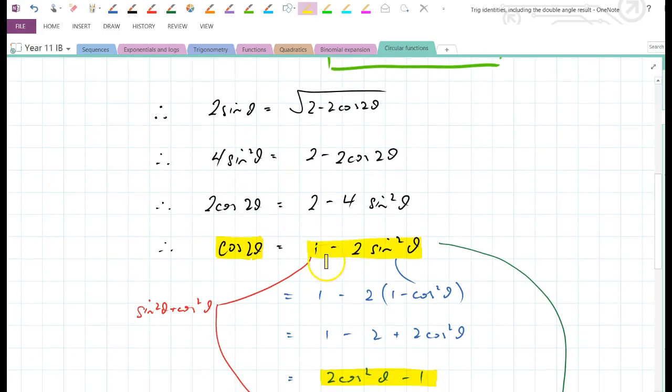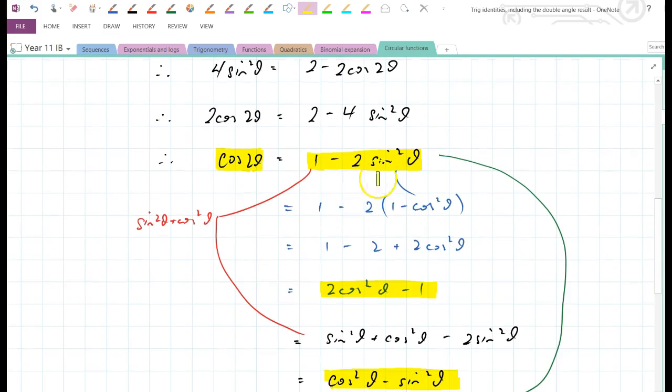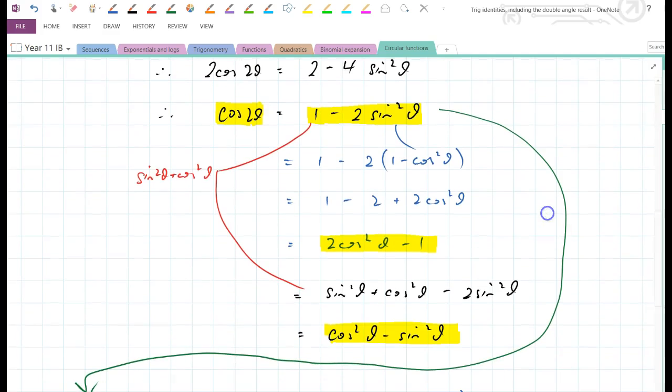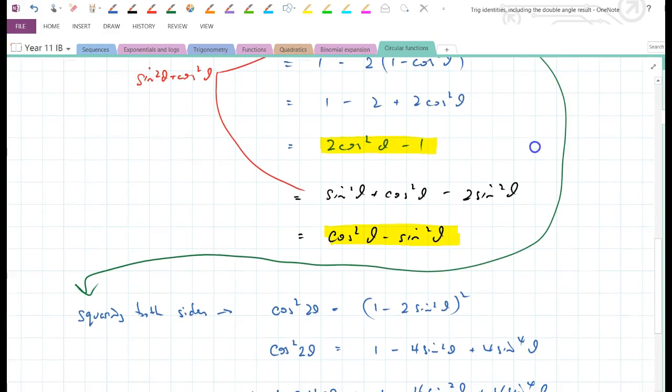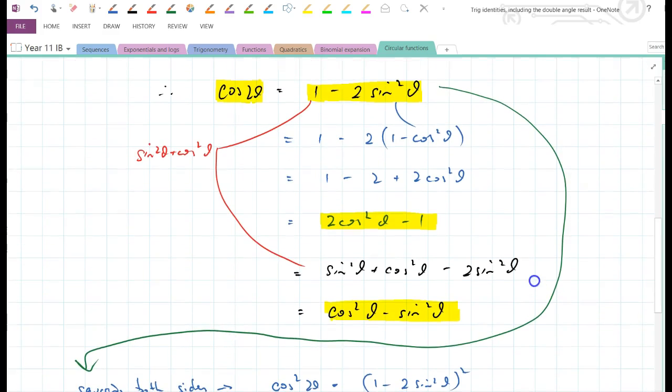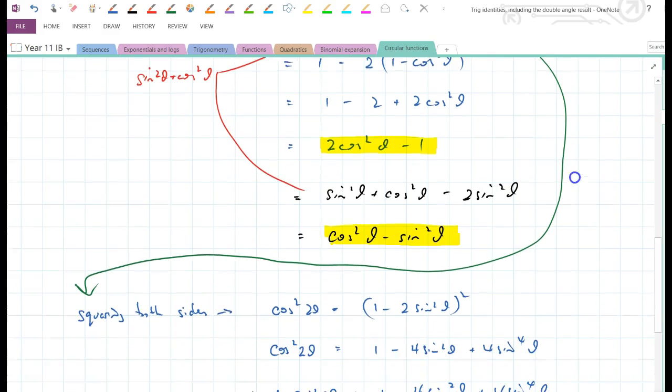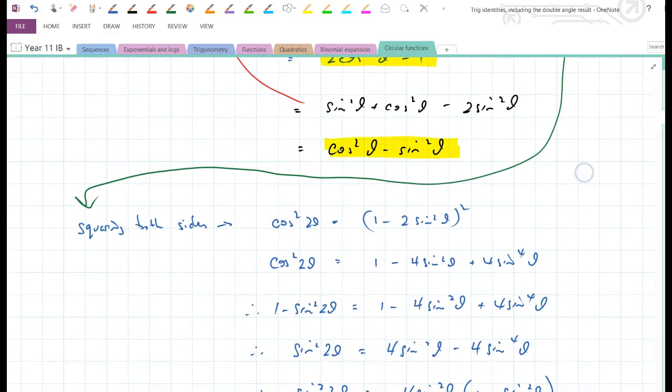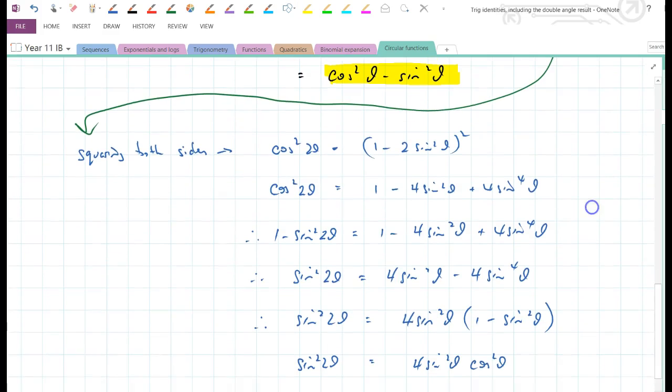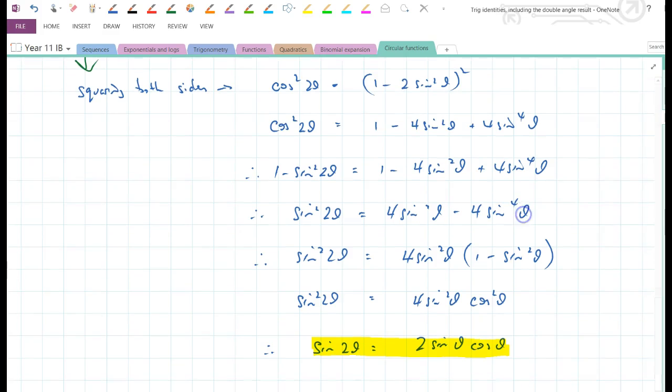I got cos 2 theta equals this, and then I just fiddled around. Look at this. Changed sine squared to 1 minus cos squared, got another result. I changed 1 to sine squared plus cos squared, and I got this result. So in 3 highlighted results for cos 2 theta, and to get sine 2 theta, I took this result here at the top, squared both sides, and did some really attractive algebra on that, and pulled it right back to get sine 2 theta as a result there.